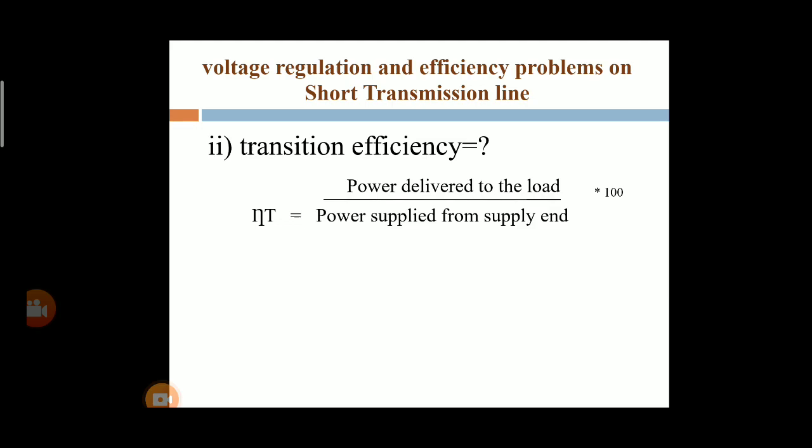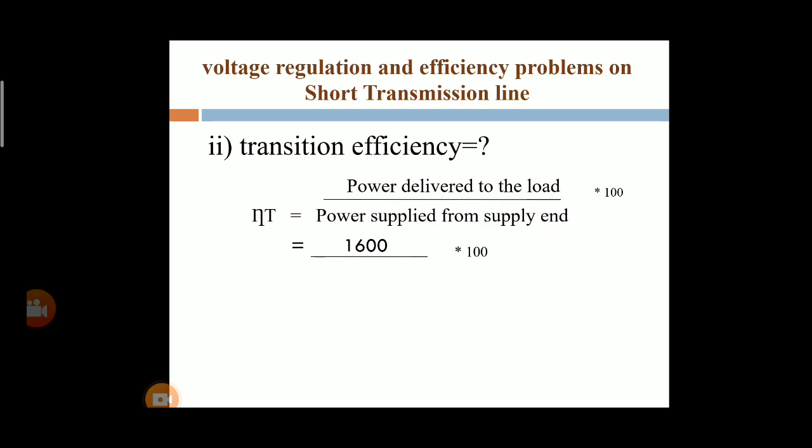It is the ratio of power delivered to the load to the power supplied from the supply end, multiplied by 100, so that we obtain it in terms of percentage values. This is the formula for the transmission efficiency, and then we substitute the values.